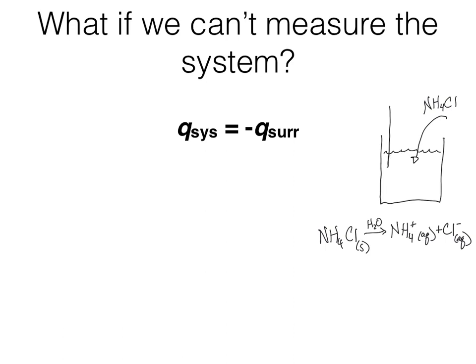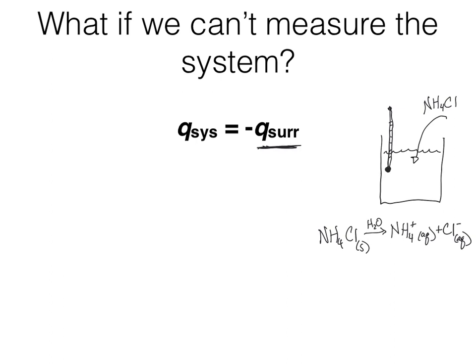But what we can do is stick a thermometer into the water and watch the temperature of the water change based upon what's happening with the ammonium chloride. And so this is an example of when we can't measure the system. When we can't measure the system, we often try to measure the surroundings instead. And we use the relationship that energy is conserved.